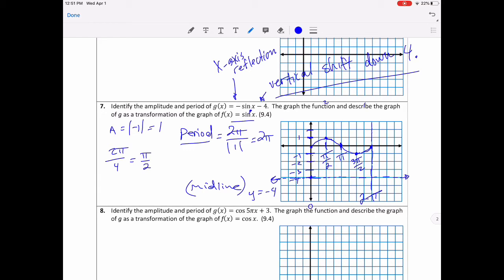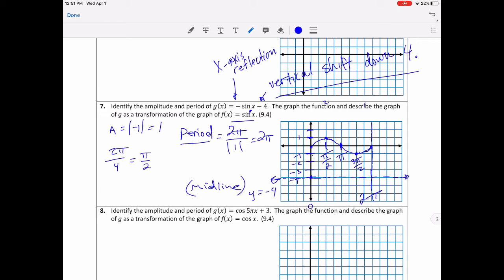And it's still going to end at 2 pi. So essentially all of my locations are the same. So when I went through that process of adding pi halves to 0, I should get pi halves. And then pi halves plus pi halves is pi. And then pi plus pi halves is 3 pi halves, and so on up to 2 pi. So all of our intermediate locations are the same, but let's find actually the y values, which will be different.